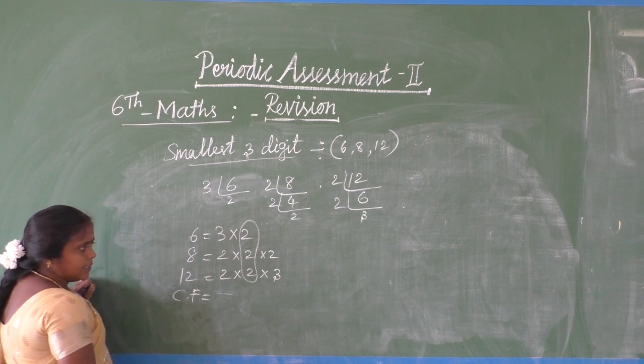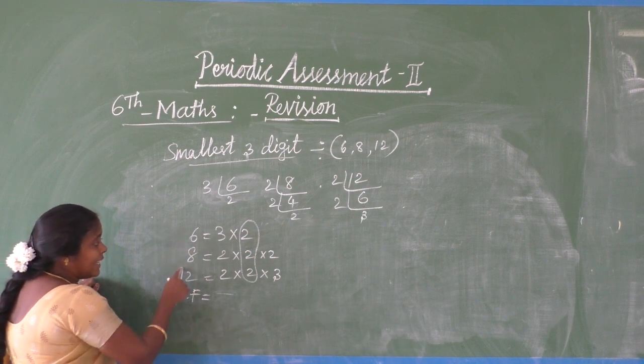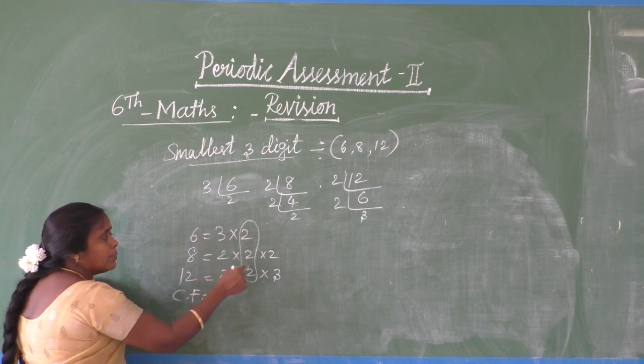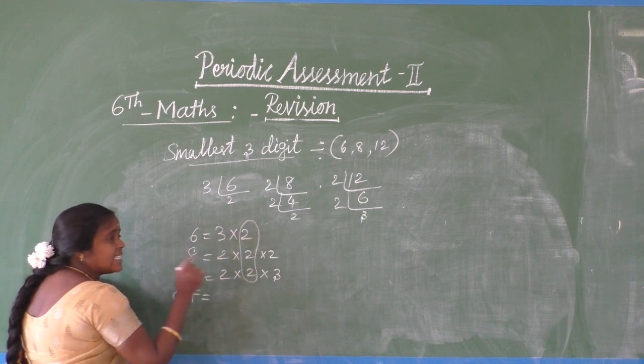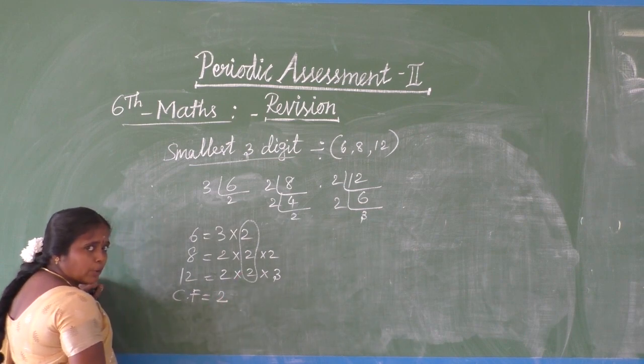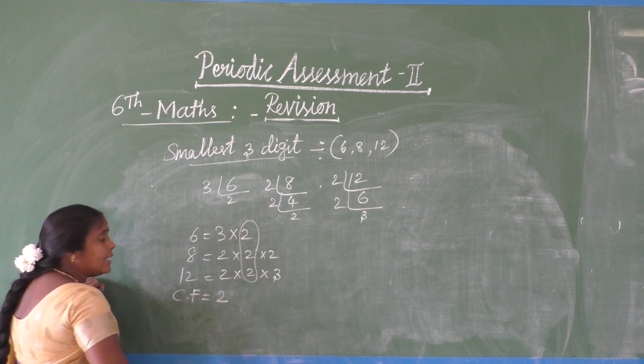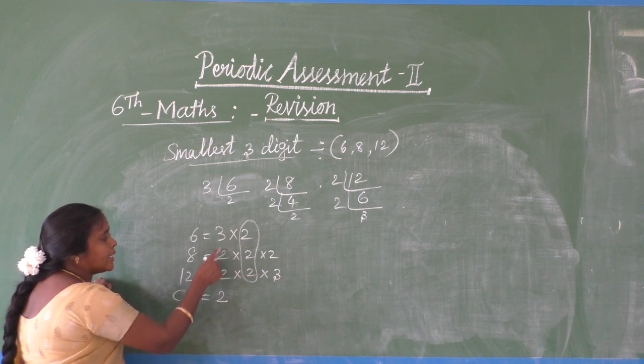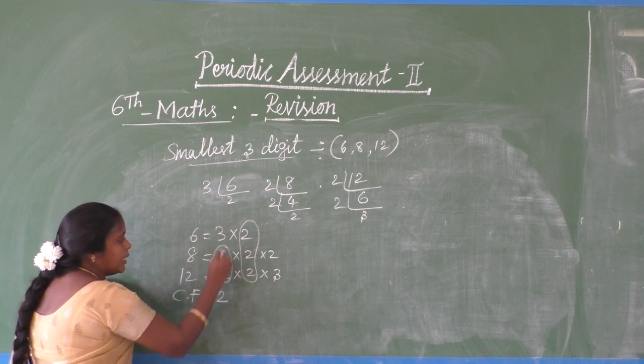Common factors. Clear? First of all you have to select which number is coming commonly in all 3 cases. That is the common factor. Okay, is our work over? No. Then check in the other 2 categories which number is coming commonly.